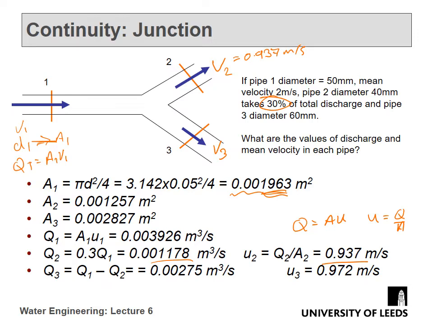Thus we can work out the flow in pipe 3, which will just be 0.7 times Q1, or Q1 minus Q2, which will come out to be 0.00275 meters cubed per second, and we can work out again the velocity, 0.972 meters per second along that third pipe.